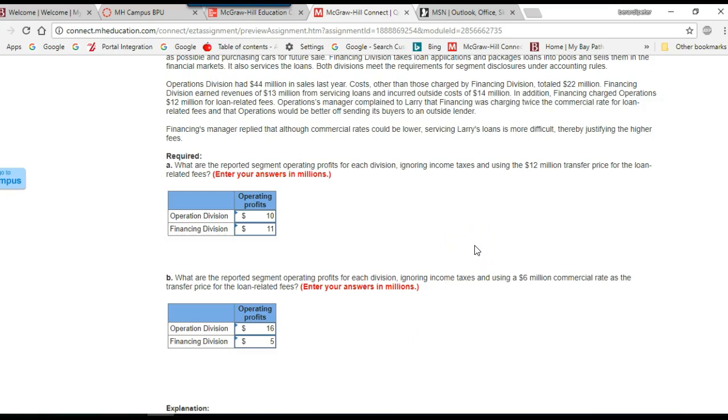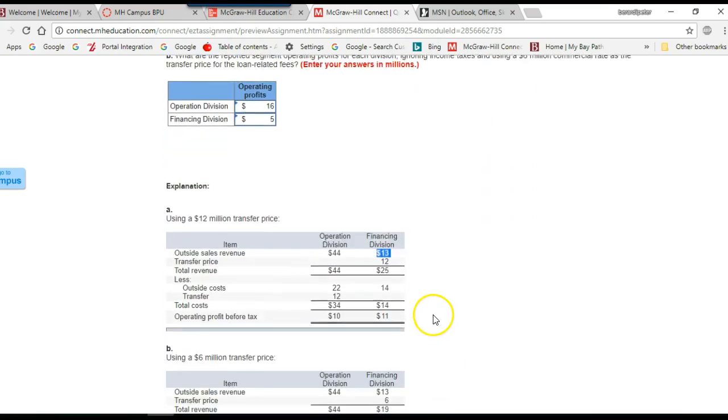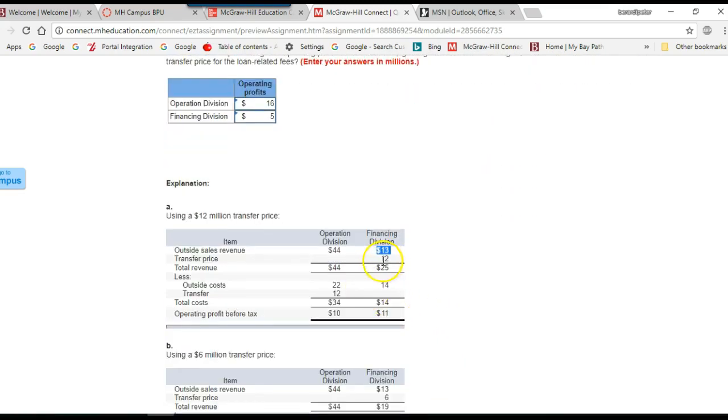So here's your transfer pricing issue. The finance department charged operations $12 million. So they're going to record $12 million in the sales section for total revenue. Operations is going to charge themselves that same $12 million as a cost.